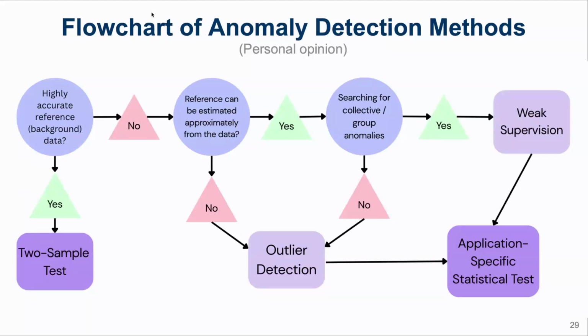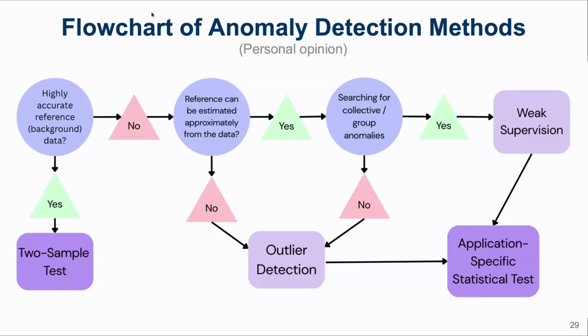So that was the first class of methods. The other class of methods is, okay, what do I do if I don't have this highly accurate reference distribution? And there's two methods I'll talk about there. But a big qualitative difference is that if I don't have this highly accurate reference distribution, the final statistical test I do has to be, we don't have a general method of how you do this, right?